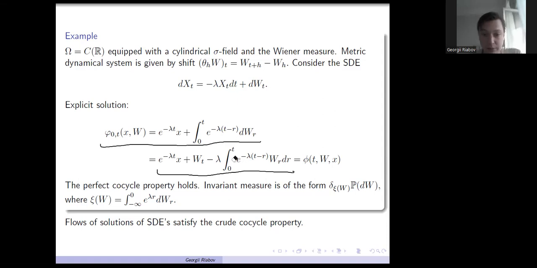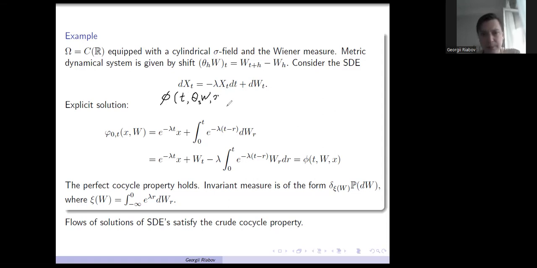Let's check this. So what is phi of t, the shifted Brownian motion, and x?